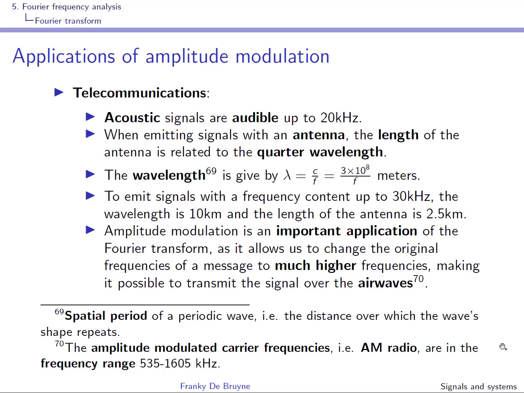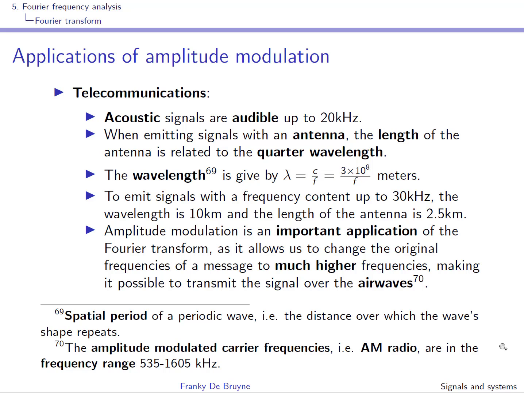The applications of amplitude modulation are first telecommunication. As you know, acoustic signals are audible up to 20 kilohertz, and if you want to emit these signals through the airwaves, you need an antenna, and the length of that antenna is related to the wavelength divided by 4.